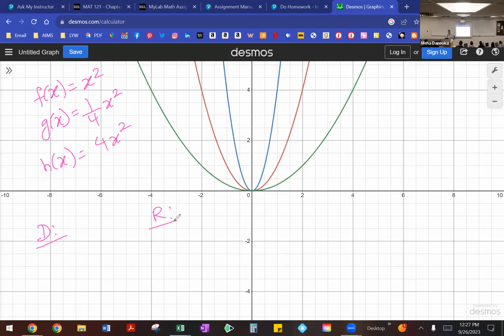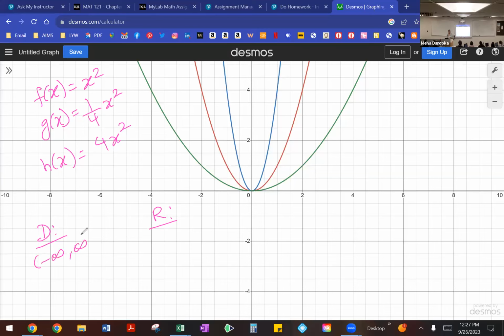Let's start with the first one. For the basic parabola, f of x equals x squared, what's our domain and range? For the domain? Yeah.